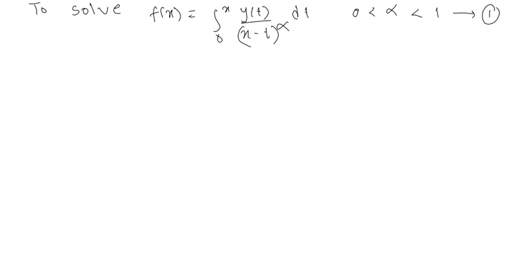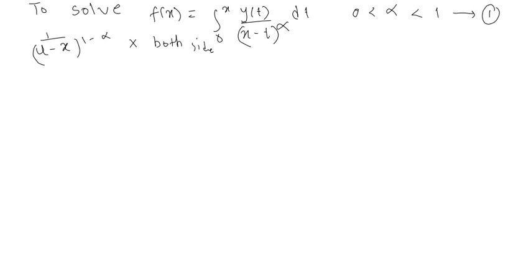To solve equation 1, I will multiply both sides of equation 1 by the term 1 upon u minus x raised to 1 minus alpha. Multiply both sides by this term. So what will we get?